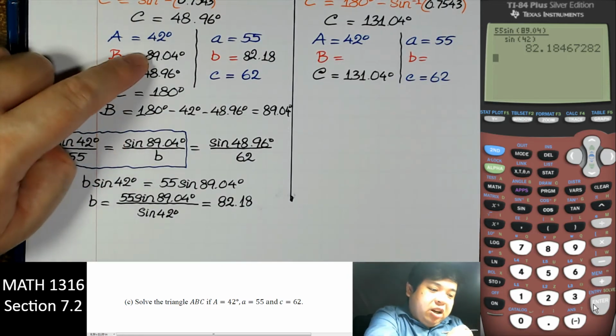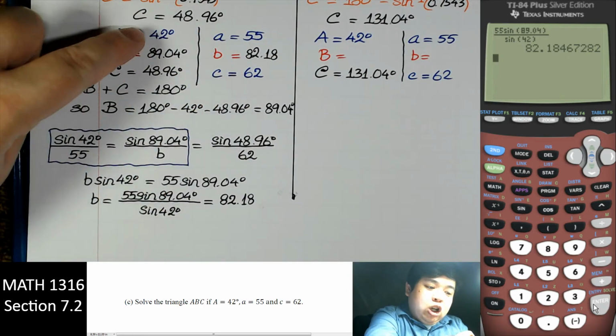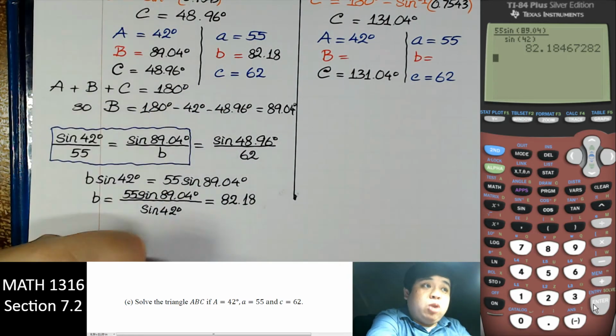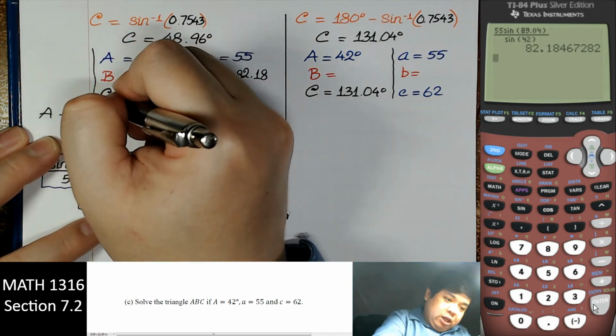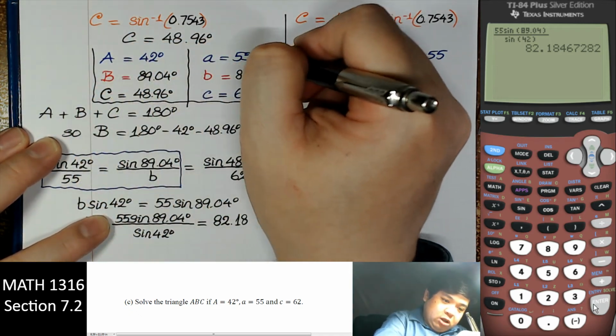Right, biggest angle, longest side, smallest angle, shortest side. So that checks. So we have one solution here. That solution works.